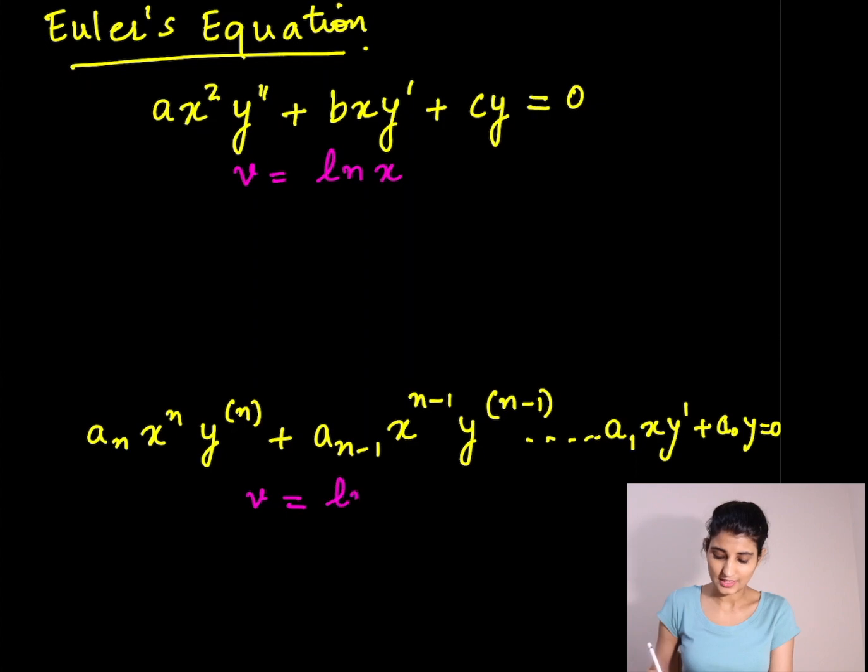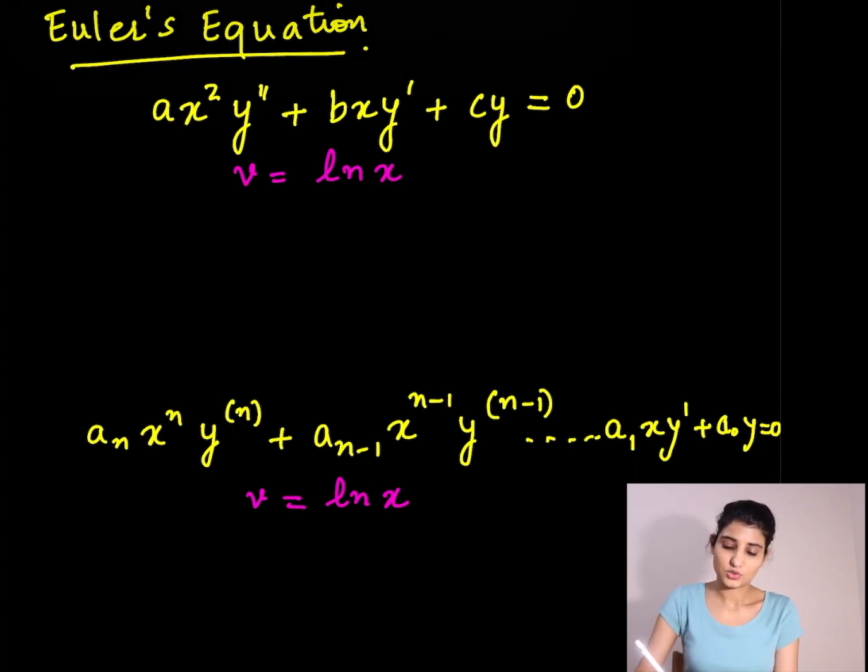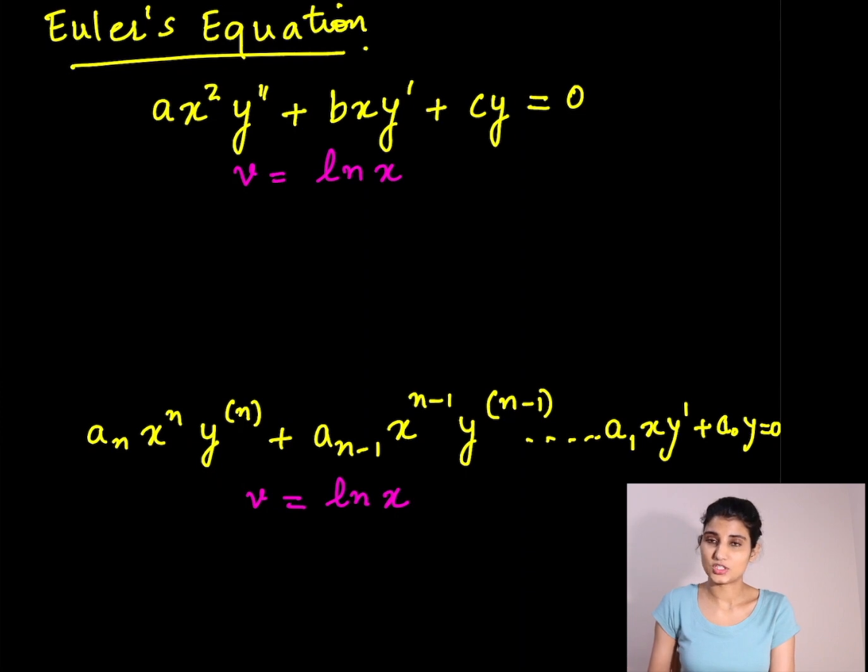This substitution will reduce a second order Euler equation to a second order homogeneous equation with constant coefficients, which we already know how to solve. How this substitution works is explained in your notes, so please go ahead and see your notes. What I'm going to do is write down directly the characteristic equation.